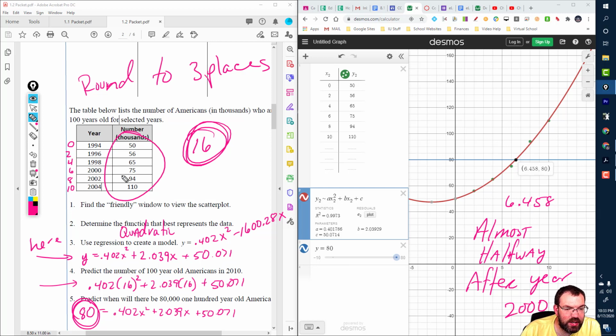If I look on the data, this is 75, and then it goes to 94, 2 years later. So 6.5, so this is going to be 2000 in about June or July. Somewhere in that neighborhood is where it's going to cross over to the 80,000 mark.